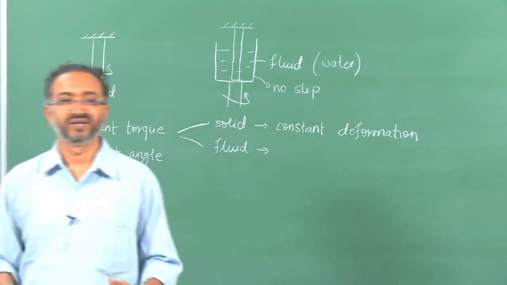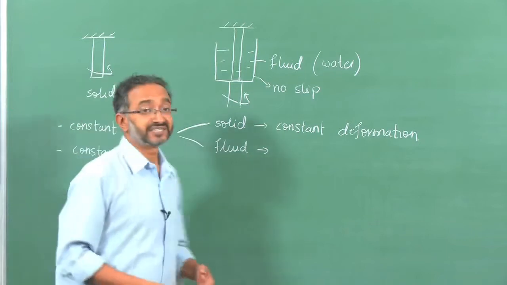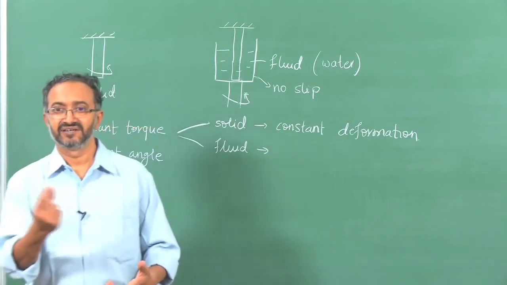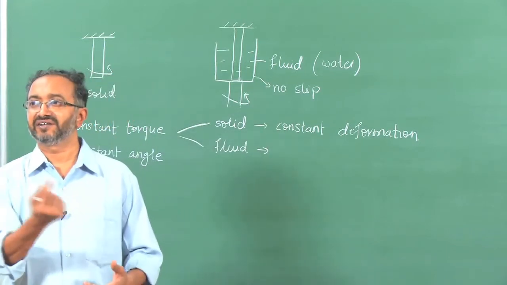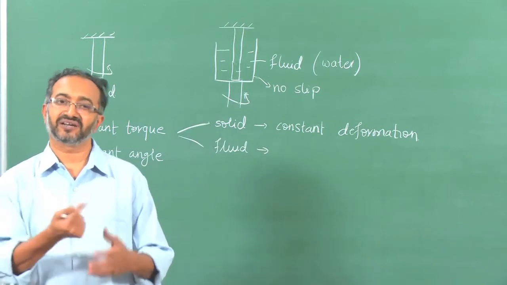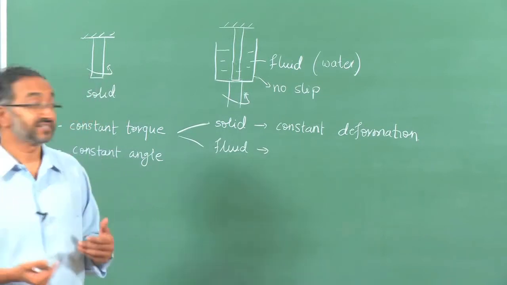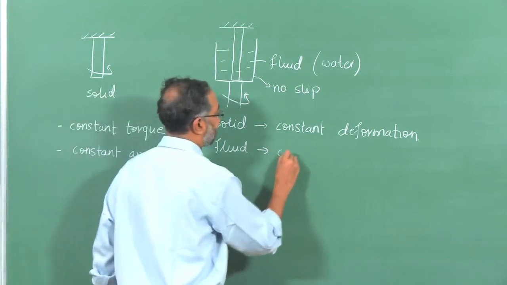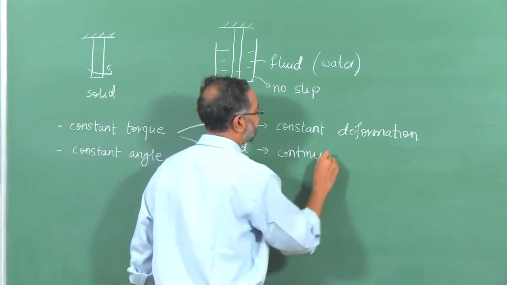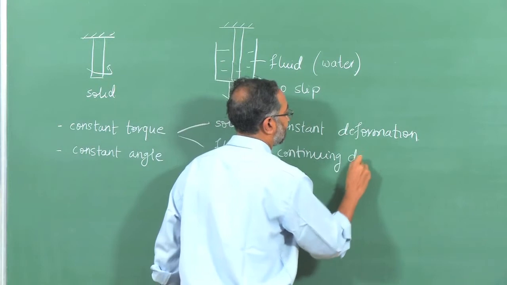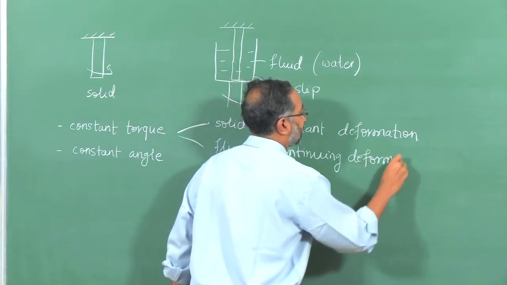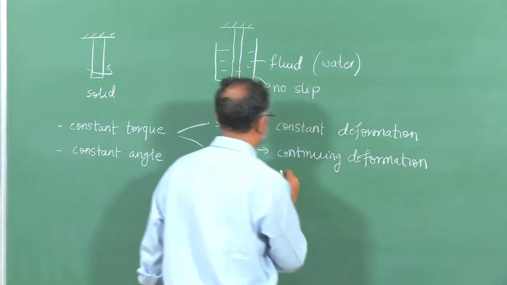Deformation will continue, and in fact we will reach a steady state, in the sense that as long as torque is there, the beaker will continue to rotate at a constant rate. So, in this case we have a continuing deformation, and in fact we will reach a steady state.